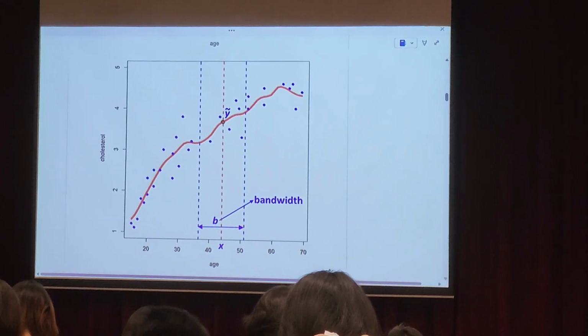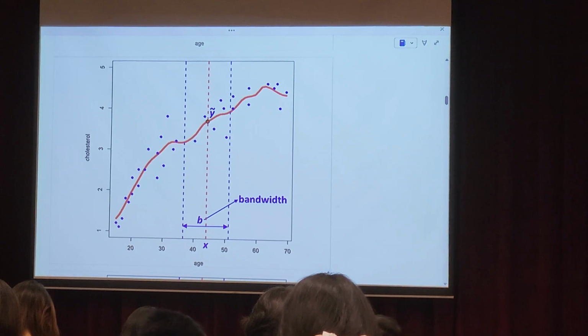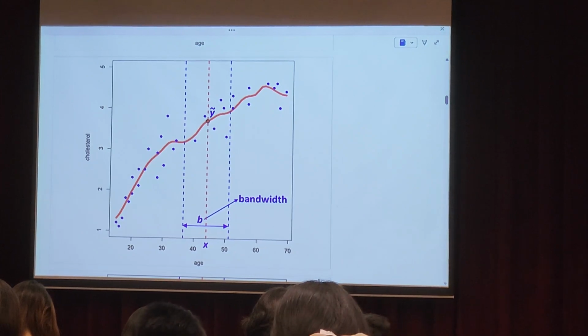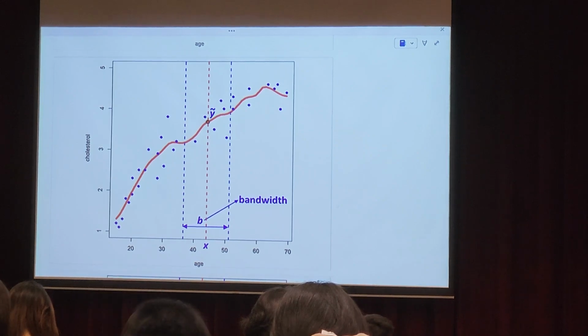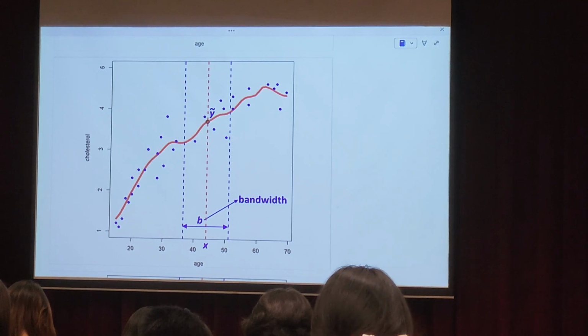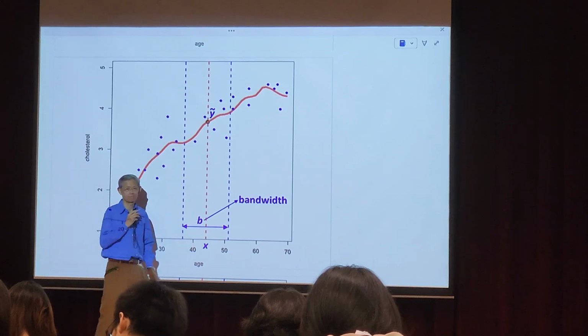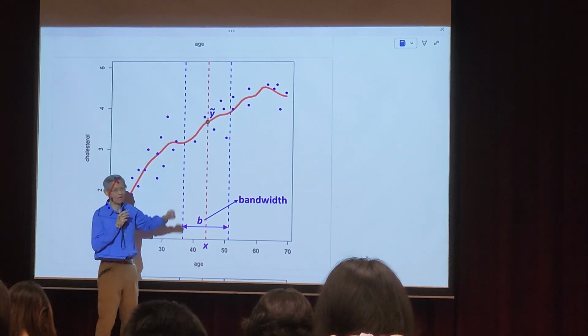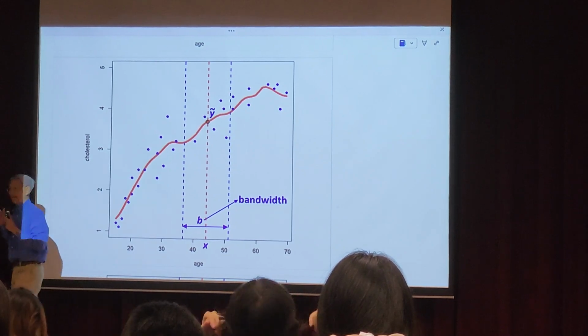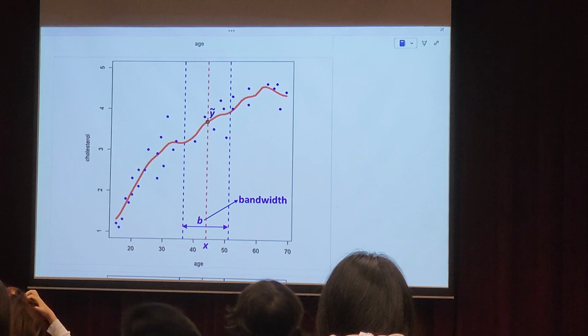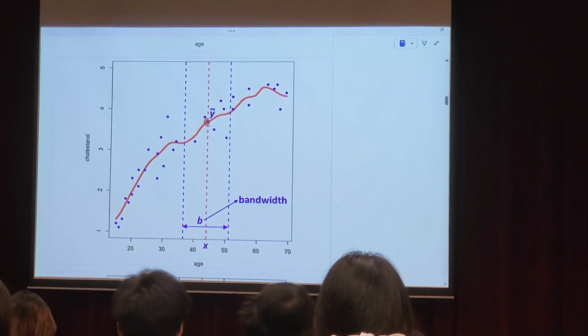So here, I'm going to describe the basic idea behind a non-parametric regression model. Suppose I consider a point X here, and I want to find out how do I calculate this point here.